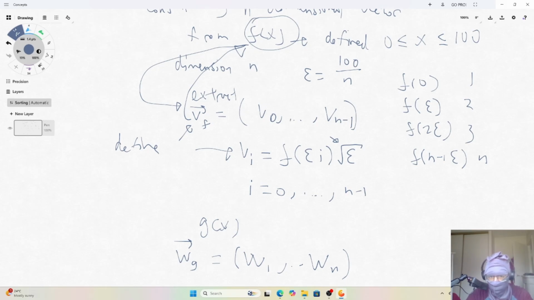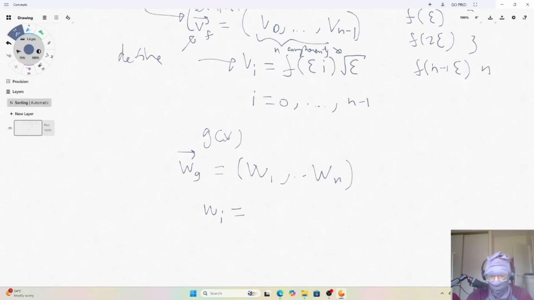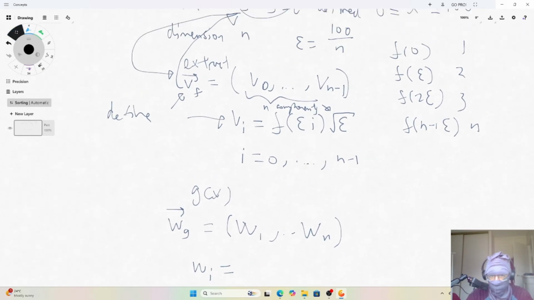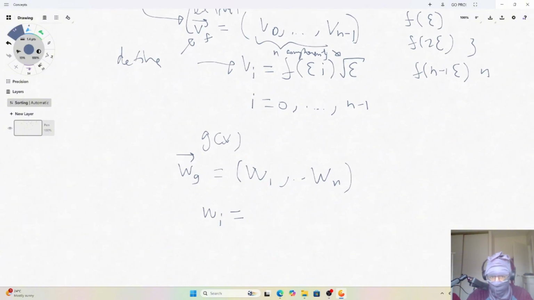It's an n-dimensional vector. If we count all the components, it will have n components. So my mistake, sorry. Let's start at 0 and finish at n minus 1, n components. So wi is given similarly as f(epsilon i) square root of epsilon.